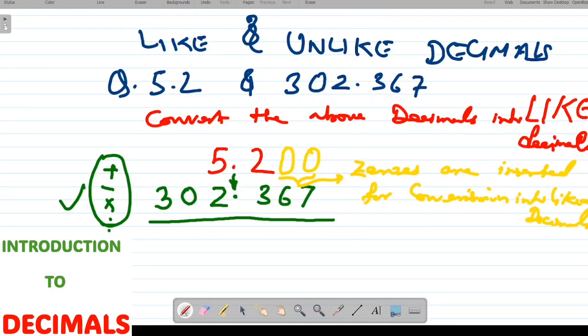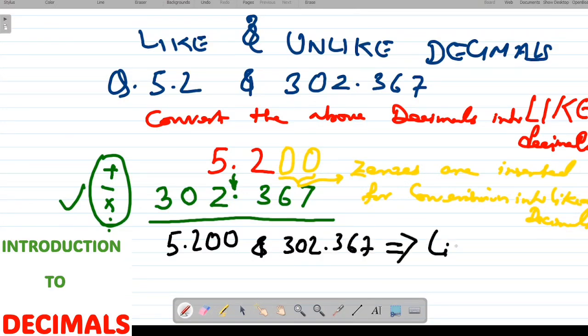In this way we can say that both of the above numbers, 5.200 and 302.367, are like decimals. We did the operation on one of the decimal numbers, and now both of these numbers are converted into like decimals.